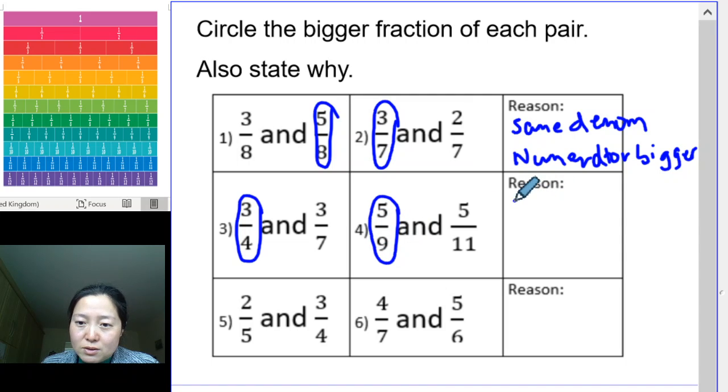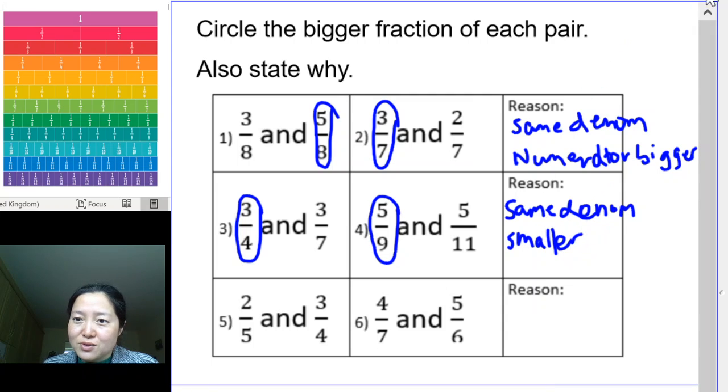So the reason for this row is same denominator and smaller. What am I saying? That's wrong. Okay, sorry. It's not the same denominator, is it?